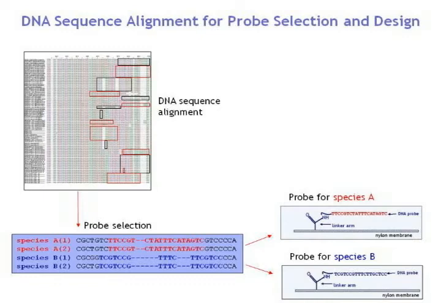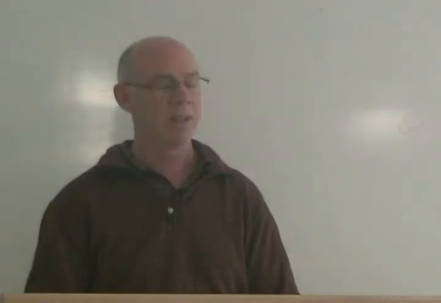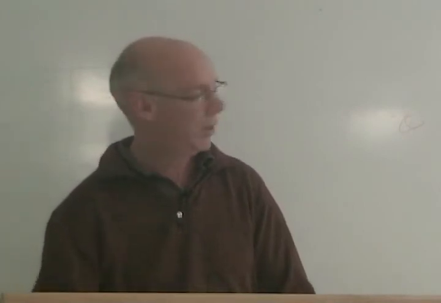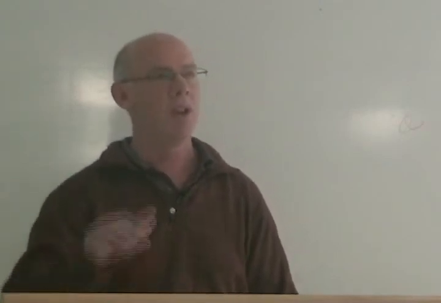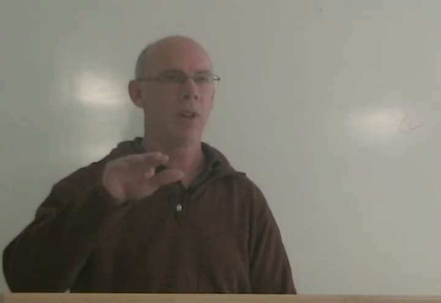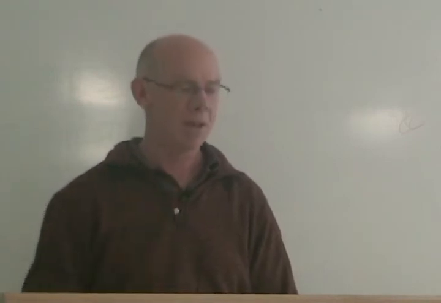We send these sequences off. They're synthesized for us by a company, and they also put a little linker arm onto the sequence, and the linker arm here just allows us to attach the probe to the membrane, and it also holds it up off the membrane during the hybridization. It just allows for a better reaction to occur.